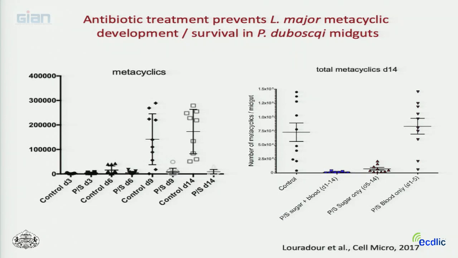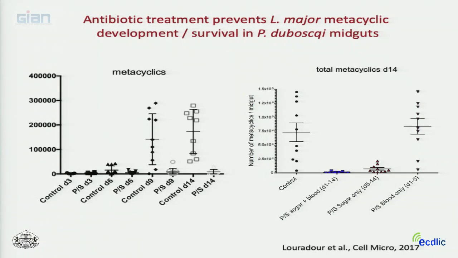So we're just looking at the mature metacyclic forms, which are only found late in infection, day 9 or day 14. But in the pen strep, the antibiotic-treated flies, no metacyclics. I mean, there were none there.